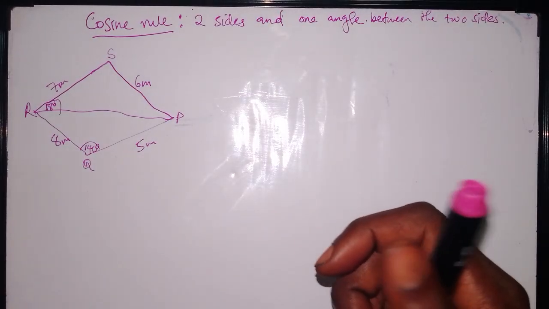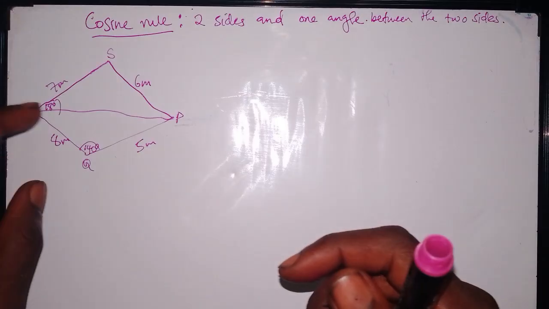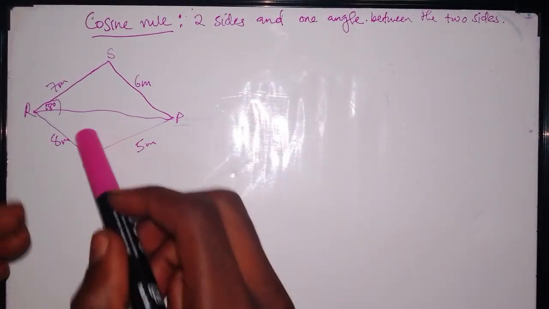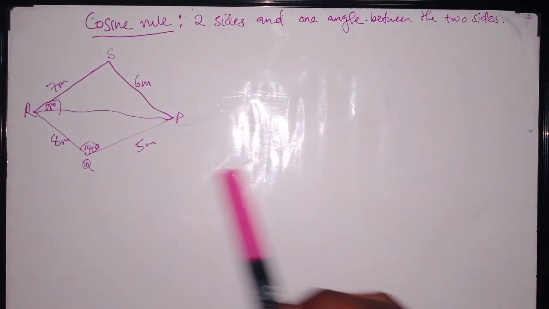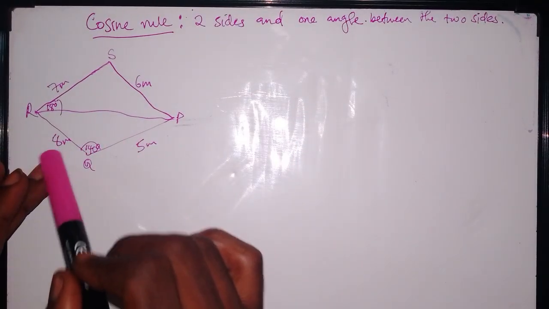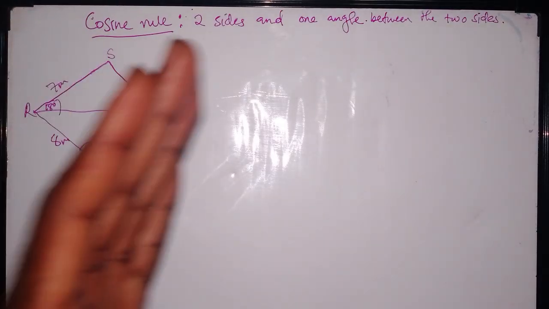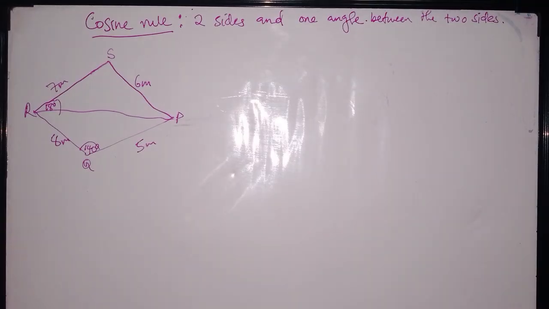That's why I use this diagram, because we cannot use this angle to find RP. We only use this angle because it is between 5 and 8 and it is opposite to RP.